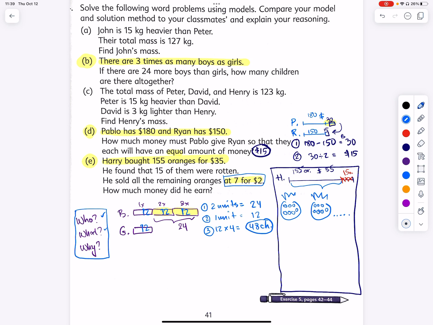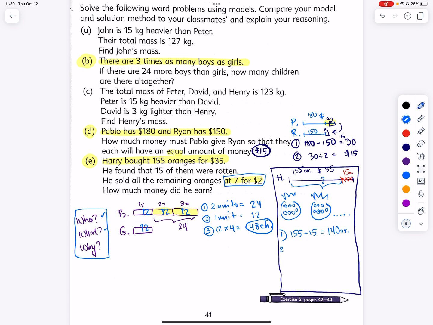Let's find out what happened. Step 1. First, we need to know how many oranges were the good ones that Harry could sell. Step 1, 155 minus 15 gives you 140 oranges that he could sell. What happened to that 140 oranges, the good ones?